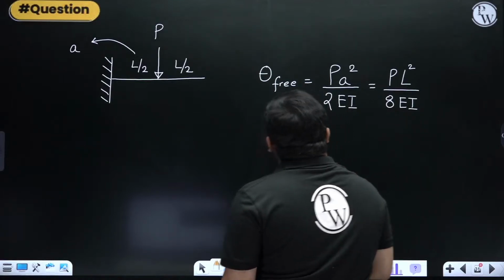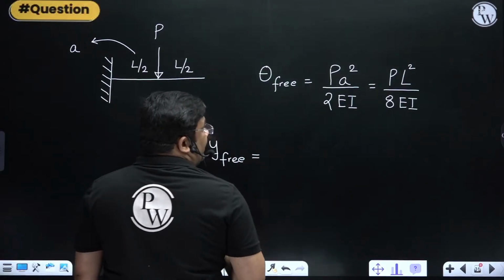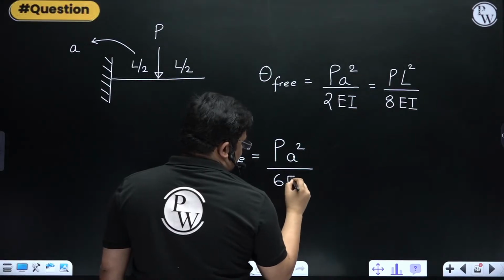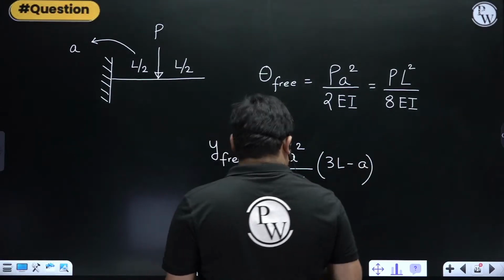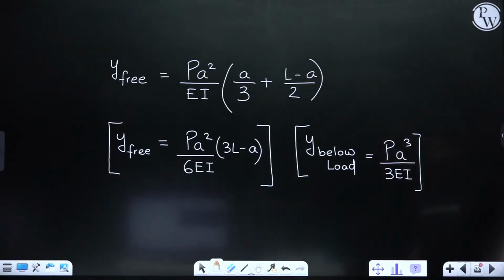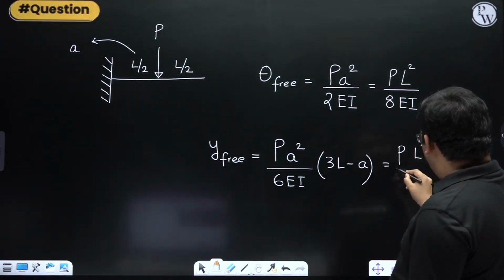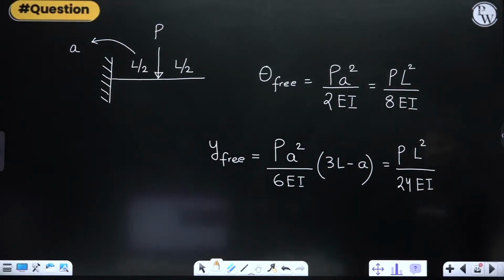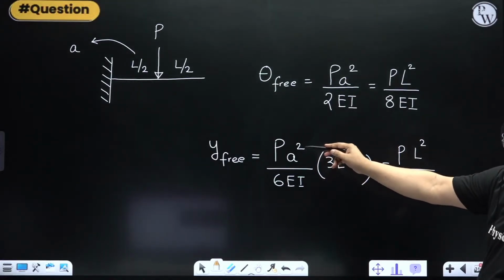But if I am interested in finding the deflection at the free end, the formula is PA square by 6EI times 3L minus A. So this becomes, since A is L by 2, L square by 4, so 24EI, PL square by 24EI.